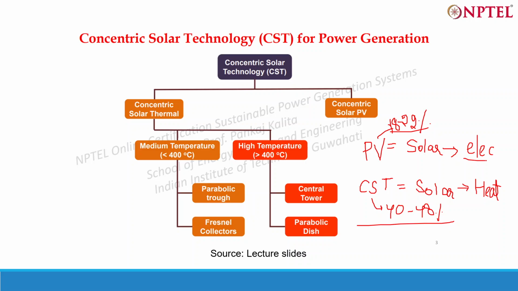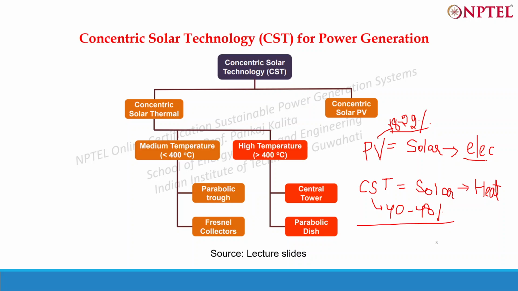PV produces electricity, which is a very high grade of energy, and CST produces heat, maybe at higher efficiency. But the heat which CST produces is not a high grade of energy, it's a low grade of energy. So the quality of energy which we get from CST matters a lot. In energy we are more focused on the quality of energy rather than the quantity of energy.